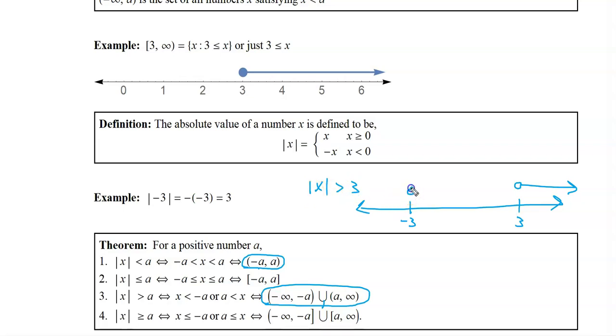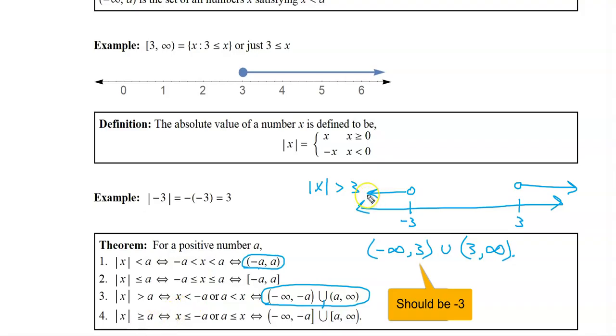So it's also going to be all of these numbers, from -3 to -infinity. So rewriting this in interval notation, it would be all the numbers from -infinity to -3, along with all the numbers from 3 to +infinity.